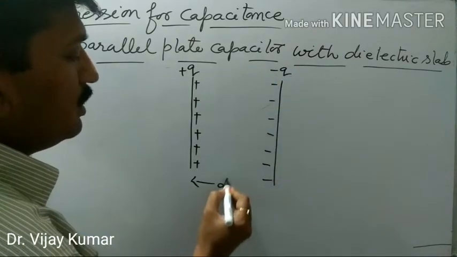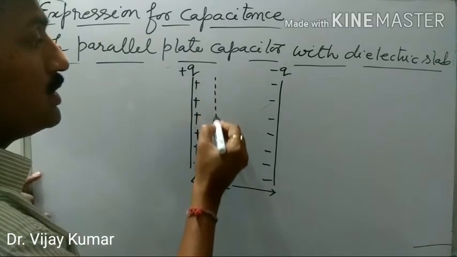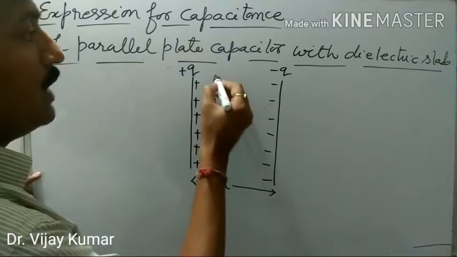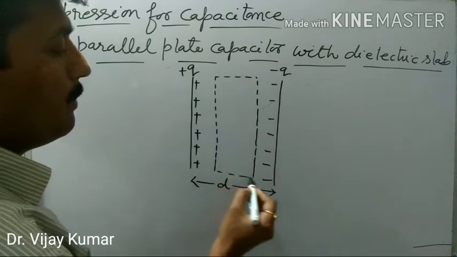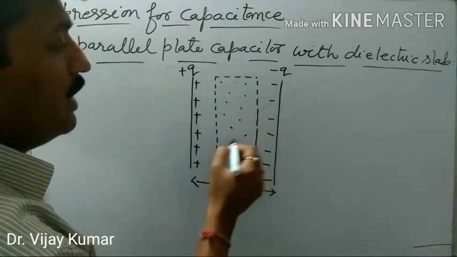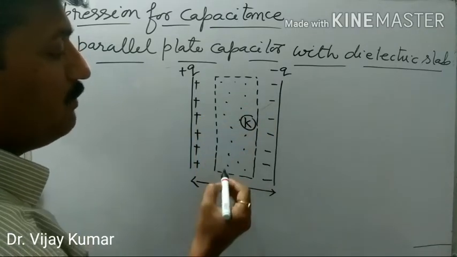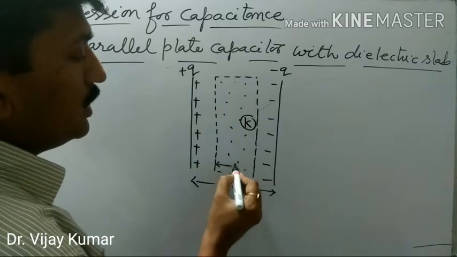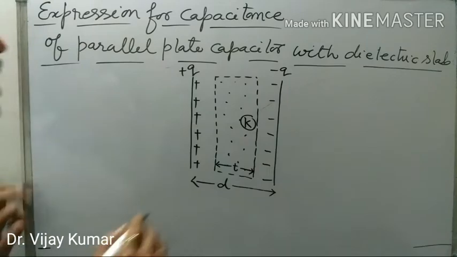The separation between the plates is d, and there is a dielectric slab between the plates. The dielectric constant of this slab is K, and the thickness of this slab is t.